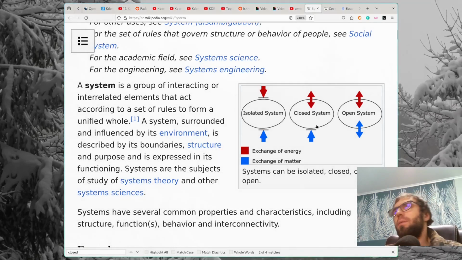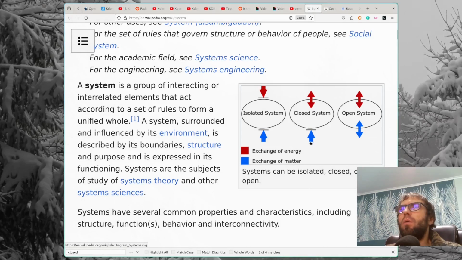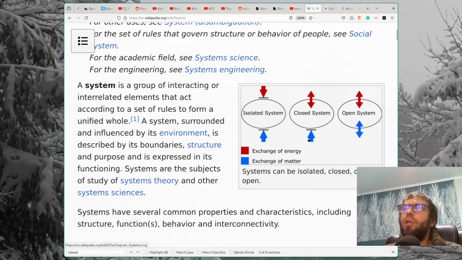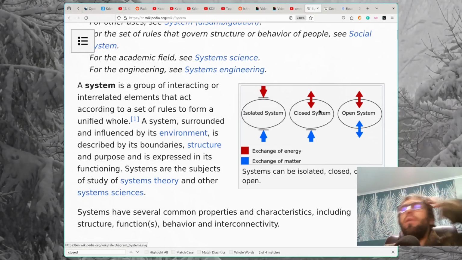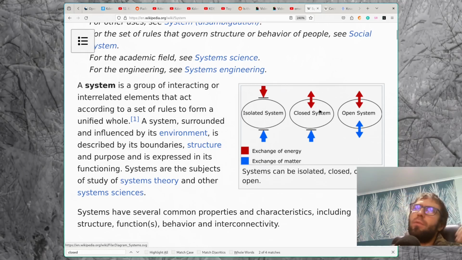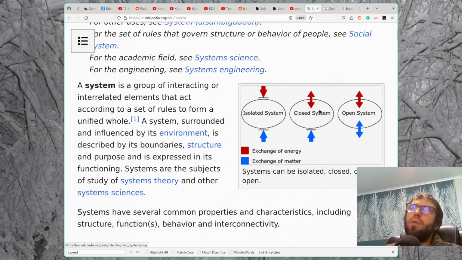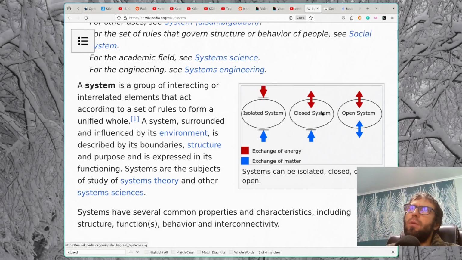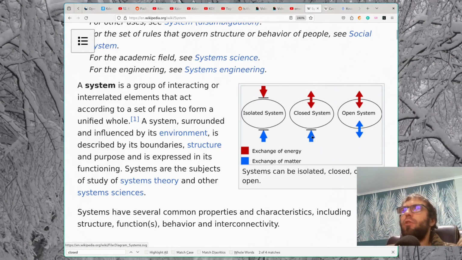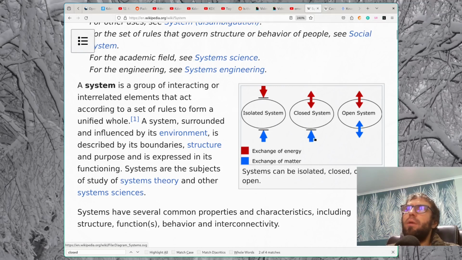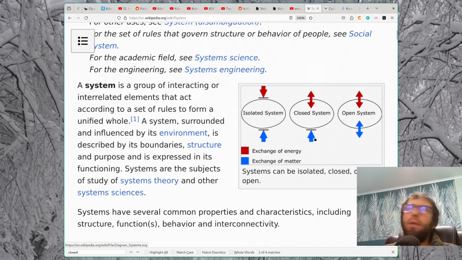The next system is the closed system. In a closed system there is no exchange of matter, but there is exchange of energy. I think they can build such a system very close to this definition, though not perfectly, because some exchange of matter will happen at the boundaries anyway.